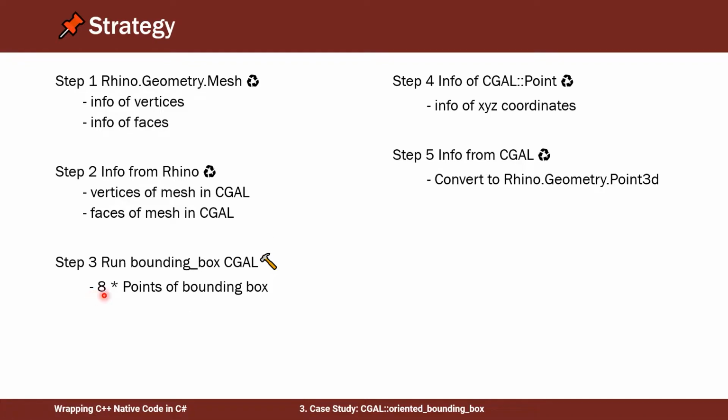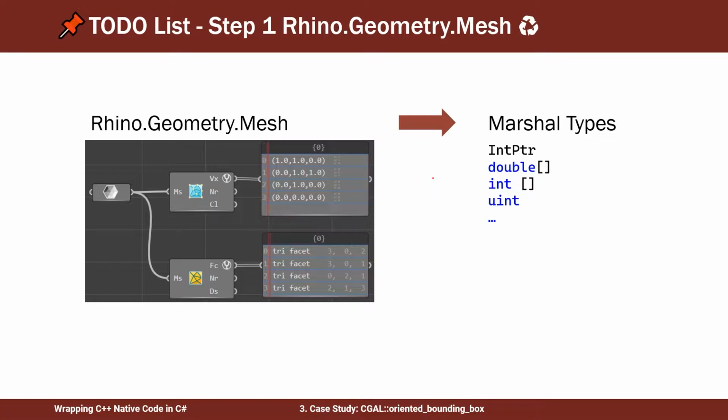Its result is a bounding box with 8 points. We then extract the info from the 8 points in CGAL, and finally convert back to the Point3d of Rhino. Excellent. This is the whole idea of this tutorial. So how could I pass the information of vertices and faces from C# to C++?